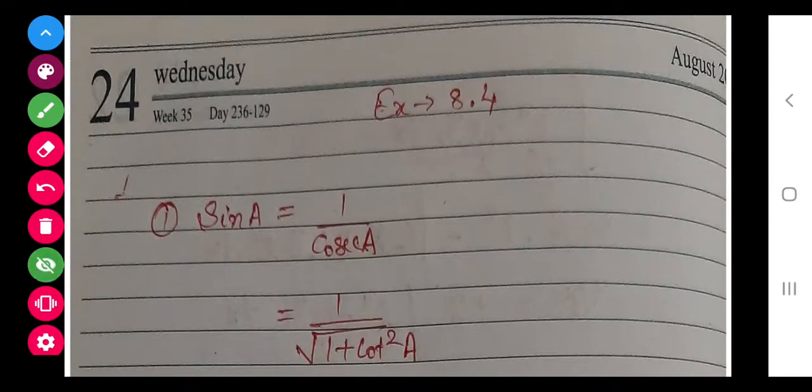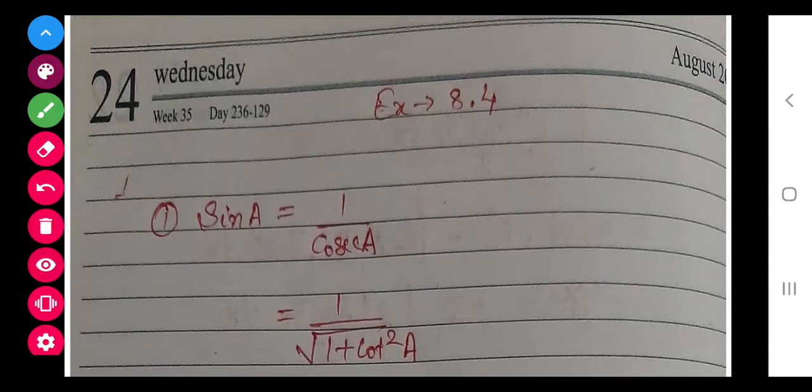Now class, in the exercise, the first question says we have to express sine in terms of cot. So class, there is no direct relation between sine and cot. So what you will do, first of all, if you see the previous formulas, you will see that sine has a relation with cosec and cosec has a relation with cot.